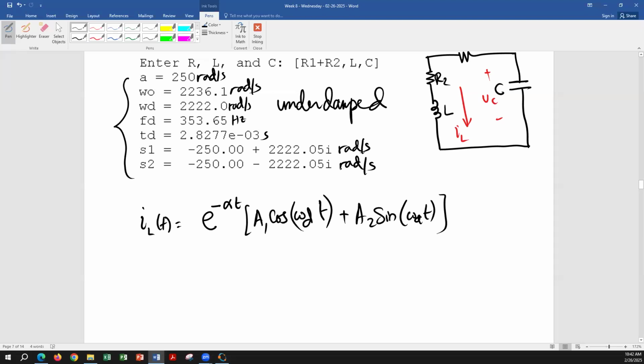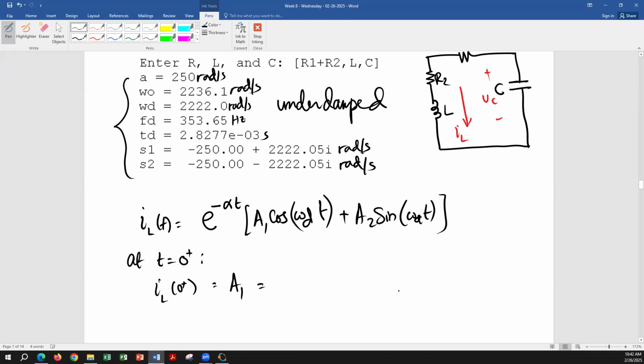Okay, and again, alpha we know, omega d we know, a1 and a2 are the ones that we need to know. Apply the same thing, start with the initial condition. IL0 positive is going to be a1, cosine of 0 is 1, sine of 0 is 0.